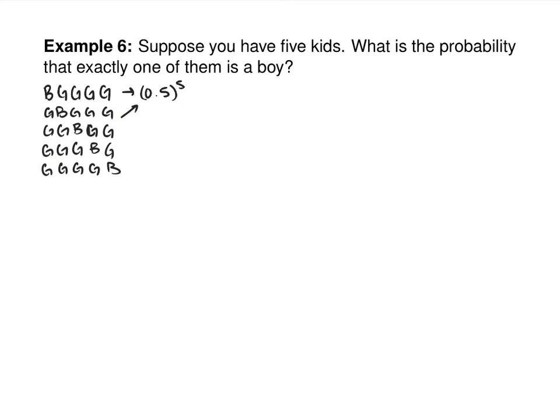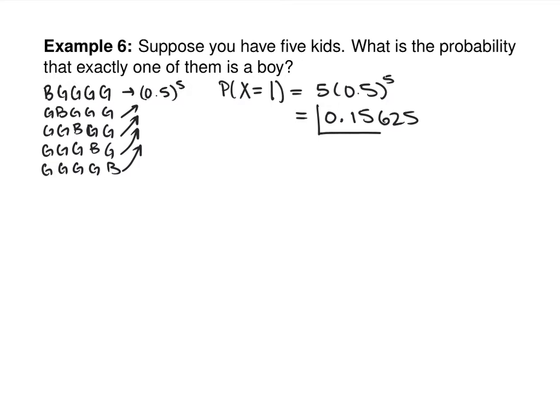And notice that every single one of these has probability 0.5 to the 5th. So the probability of, we'll say, x equals 1 is equal to 5 times 0.5 to the 5th, which comes out to be 0.15625. Exactly.